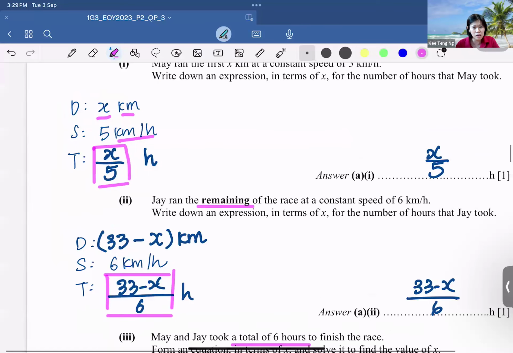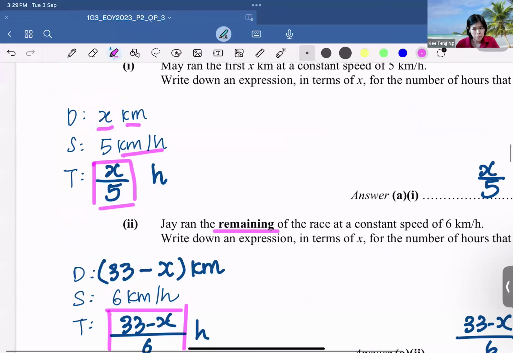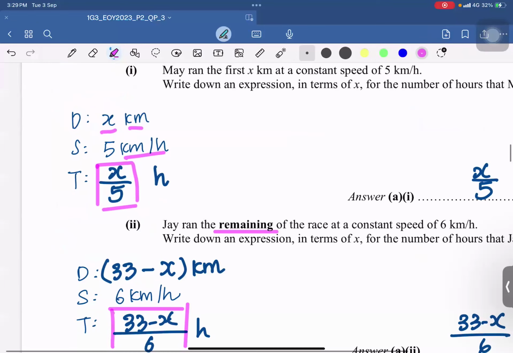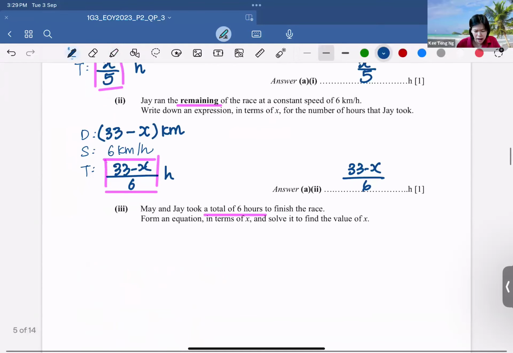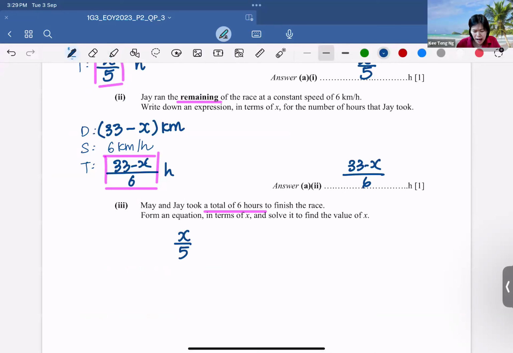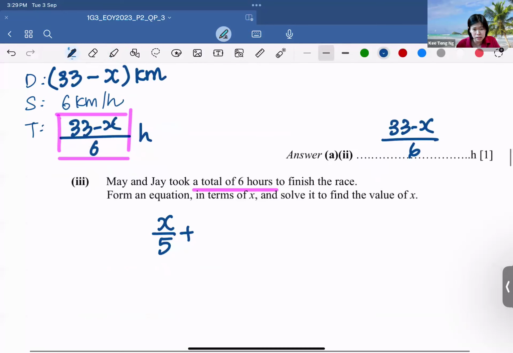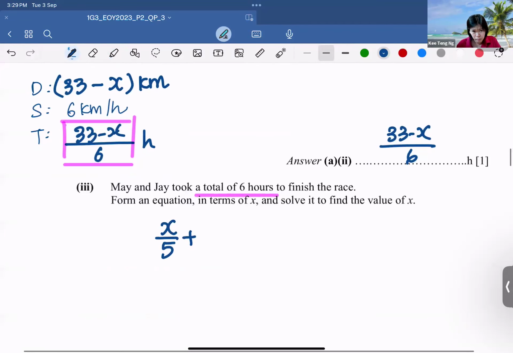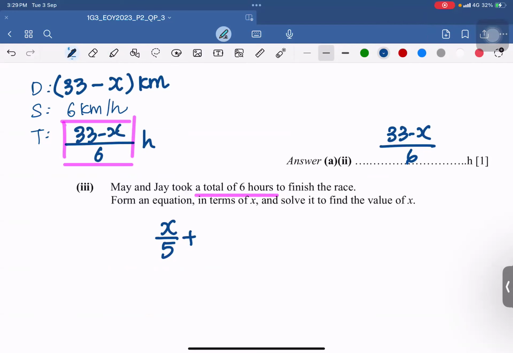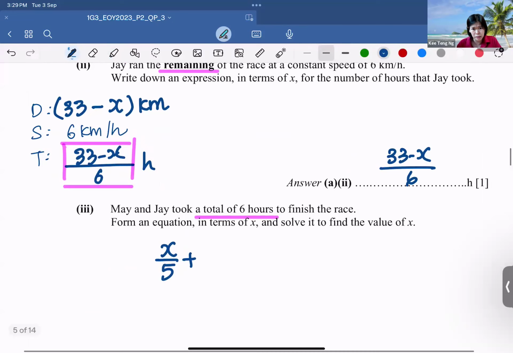Michelle, what's the distance here? And what's the time here? X over 5, plus what is the next timing here? Part B, what's the next timing?